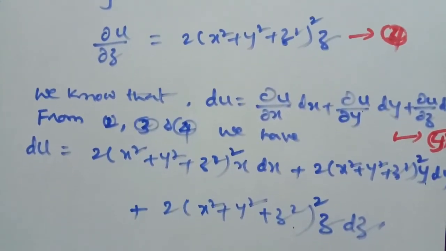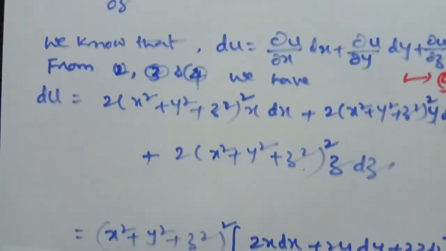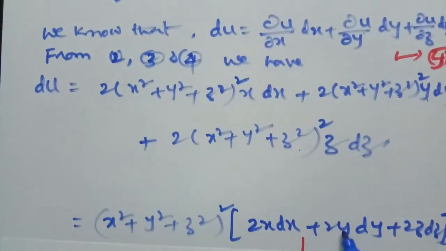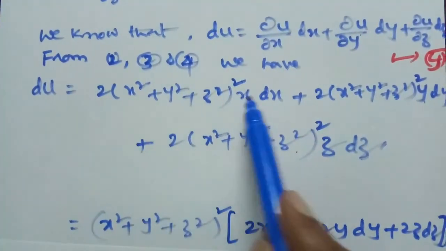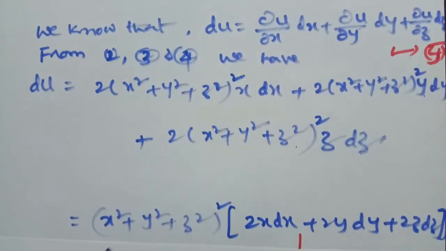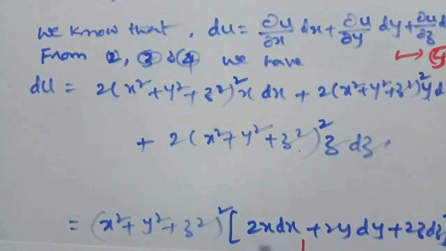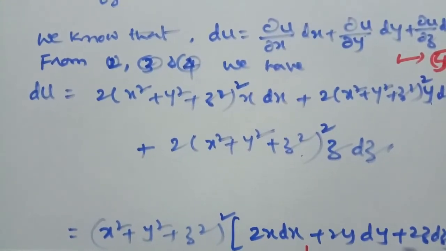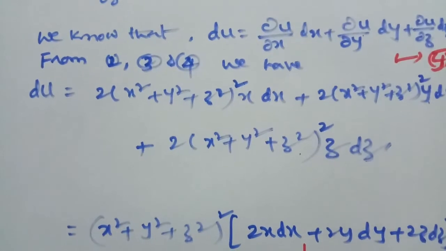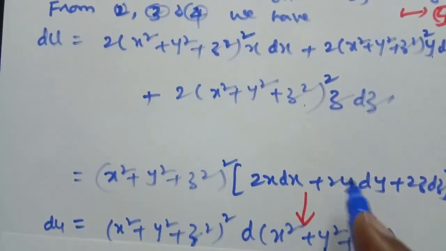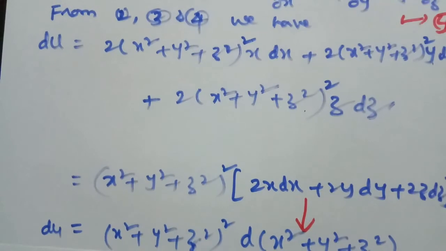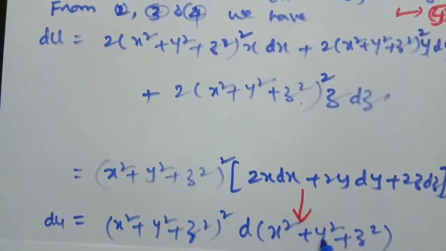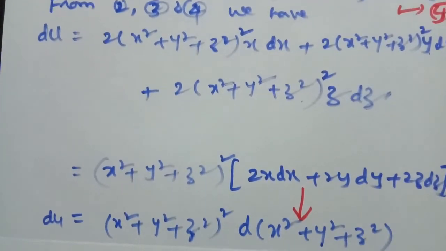We are taking it out as a common factor. Therefore, 2x dx plus 2y dy plus 2z dz. This is an integrable combination, the derivative of x² + y² + z². Therefore, its derivative is 2x dx plus 2y dy plus 2z dz.